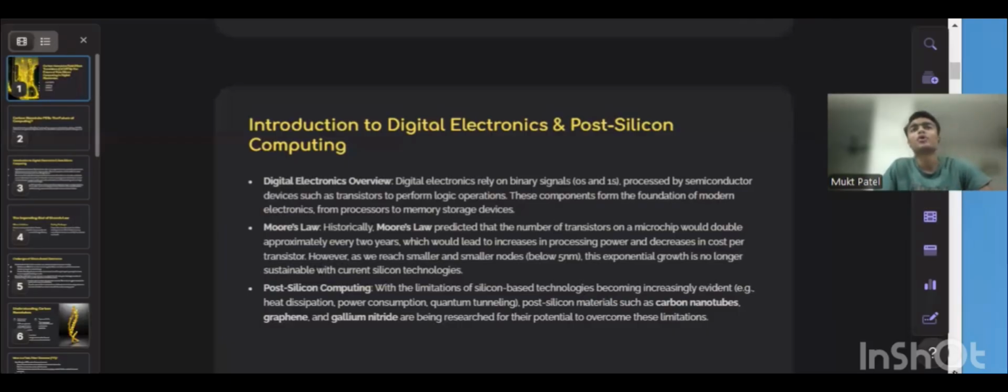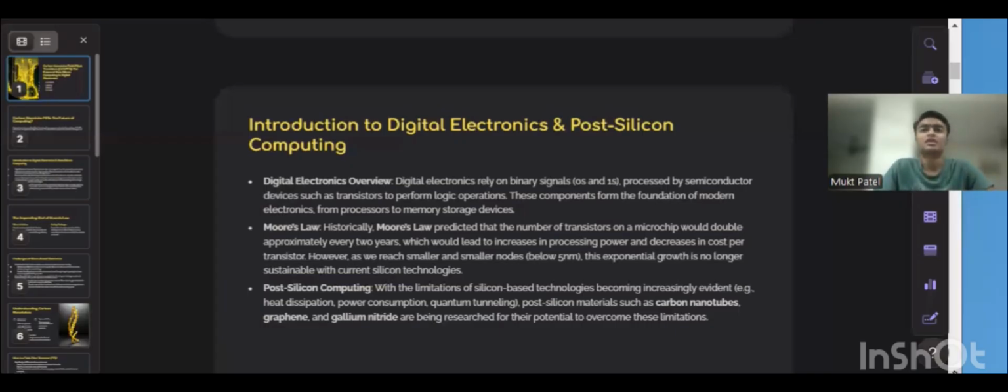However, as we reach smaller and smaller nodes, below 5 nanometer, this exponential growth is no longer sustainable with current silicon technology. In post-silicon computing, the limitations of silicon-based technology are becoming increasingly evident, for example heat dissipation, power consumption, and quantum tunneling.